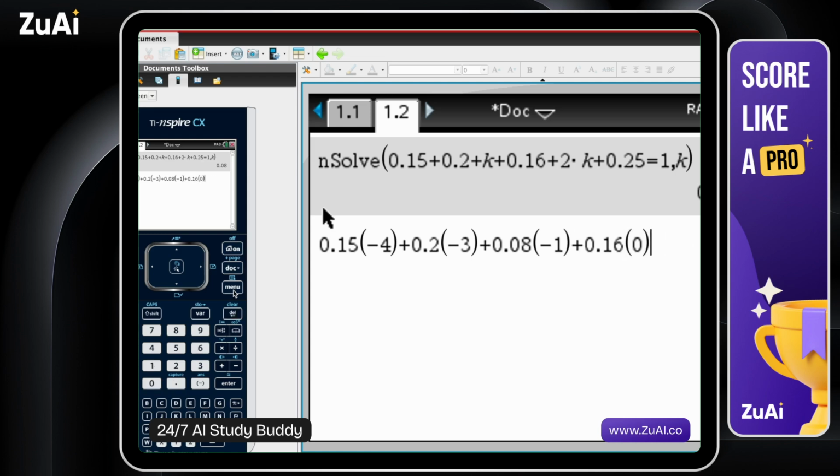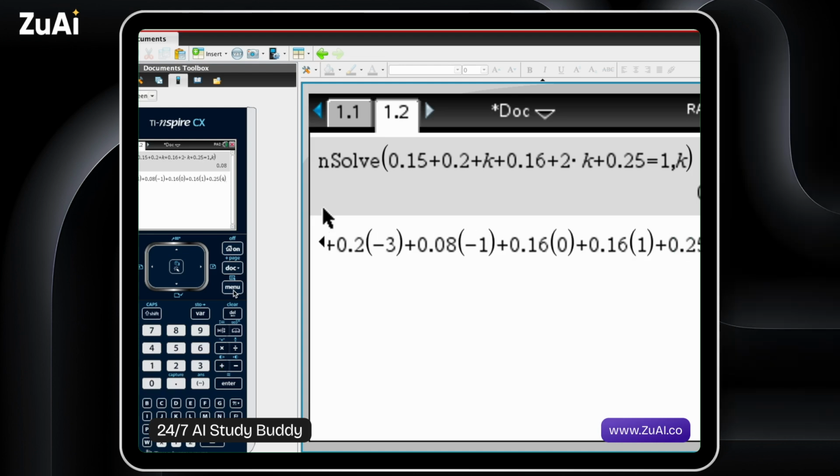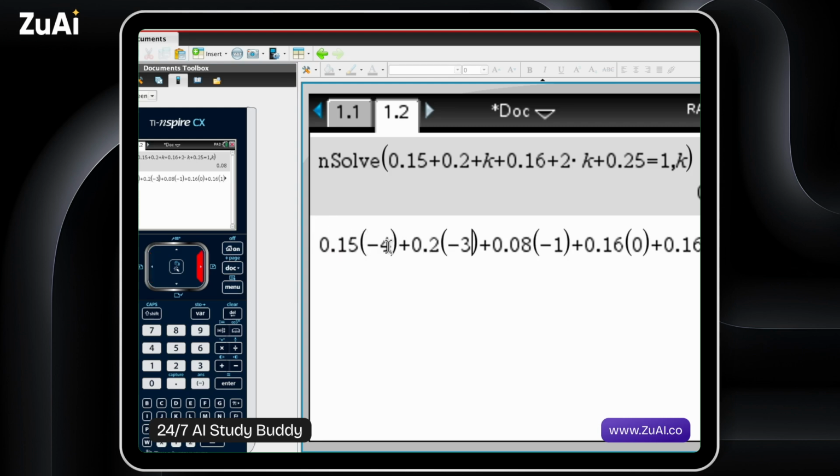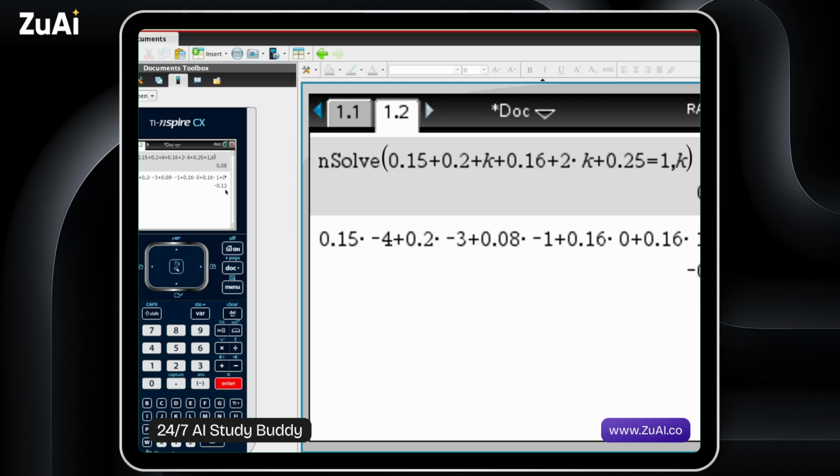Plus 0.16 times 1, and then lastly 0.25 times 4. I'm just going to make sure that all of this is entered correctly. Good. And the value is equal to -0.12. So on average, we would expect to lose 12 cents for every game.